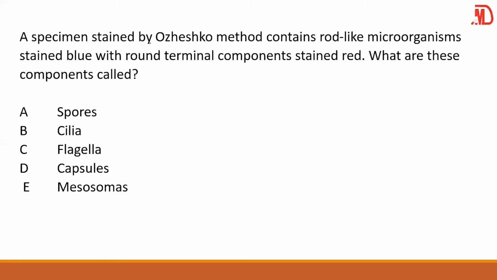Okay, a specimen obtained by the Ozheshko method contains rod-like microorganisms stained with blue. It didn't say violet, it's blue, with round terminal components stained red. What are these components typical of? So write this down. Ozheshko method is for spore formation.